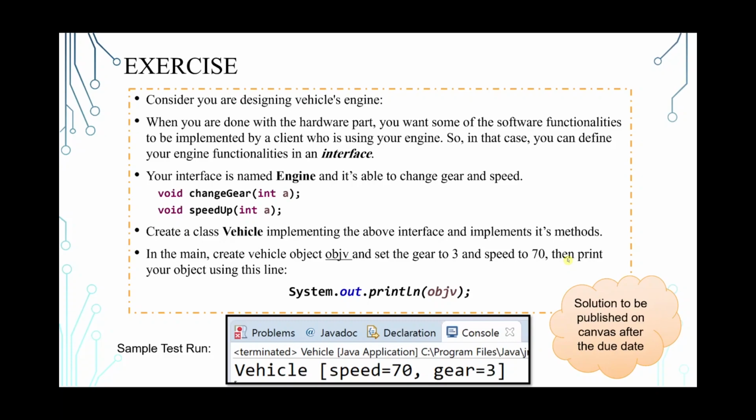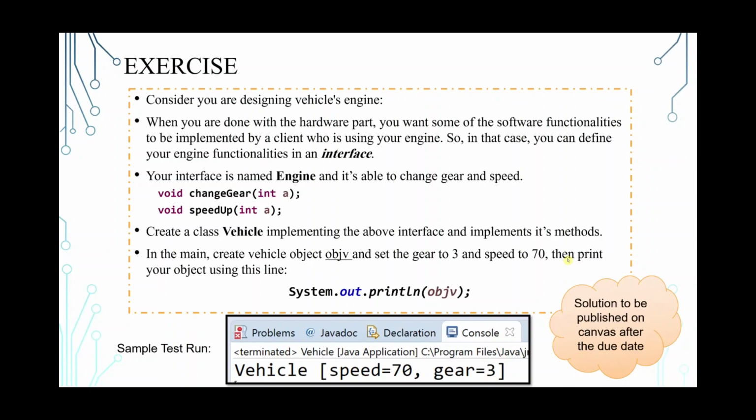This exercise is asking you to consider that you're designing a vehicle engine, and for this vehicle engine you're going to write some software. The software is to create an interface for your engine. It's called Engine, and in this interface you have two abstract methods: change gear and speed up.